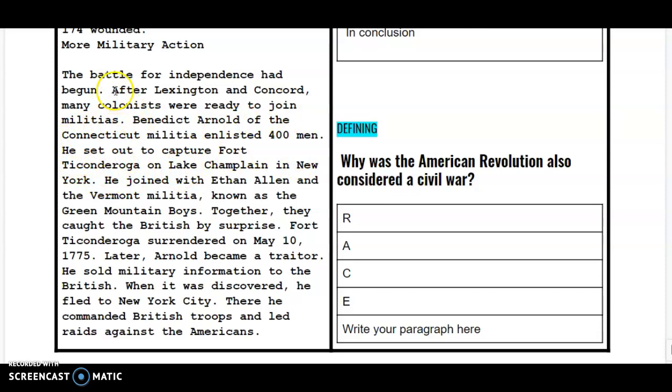So we're going to say after Lexington and Concord, many colonists were ready to join the militia. So that's going to be the first thing we're going to say.